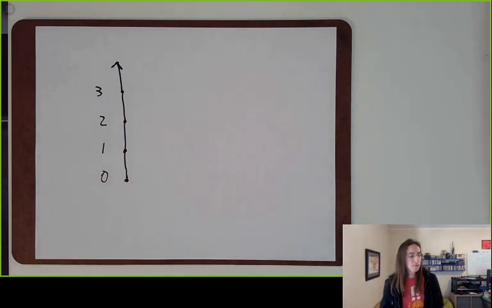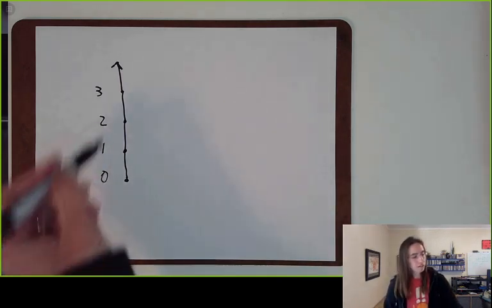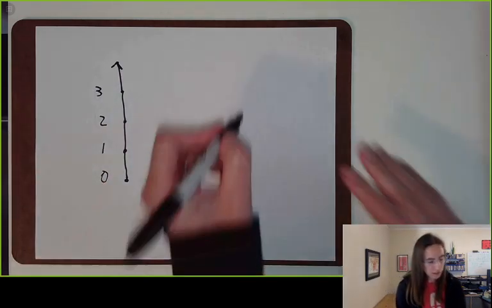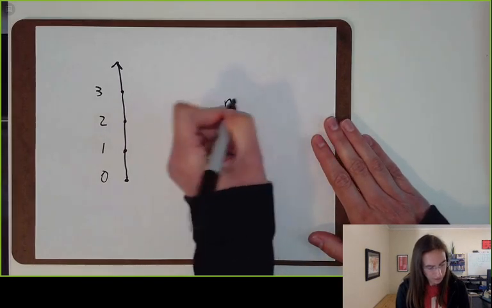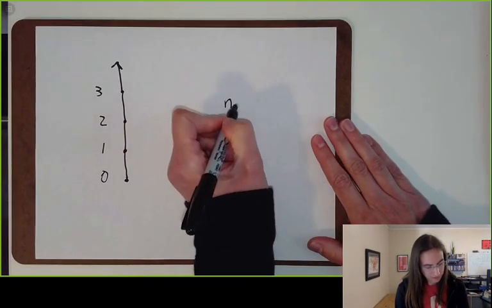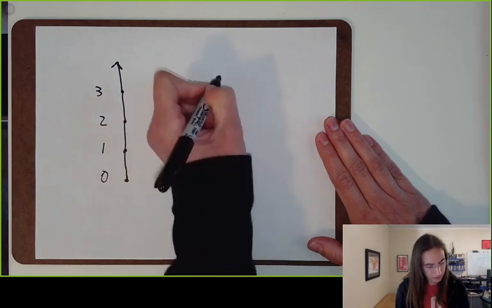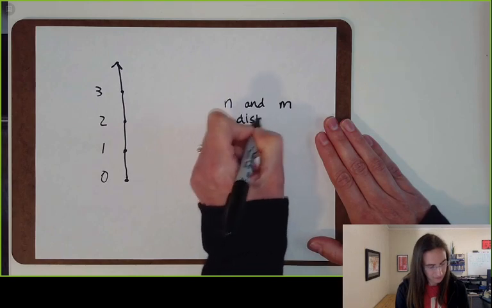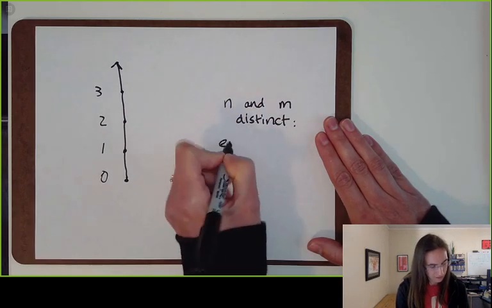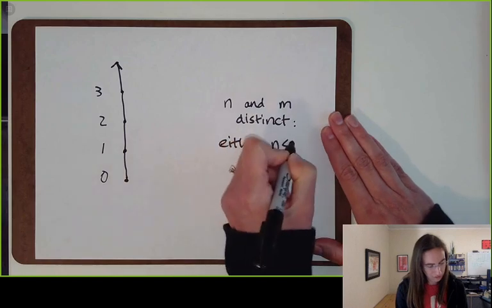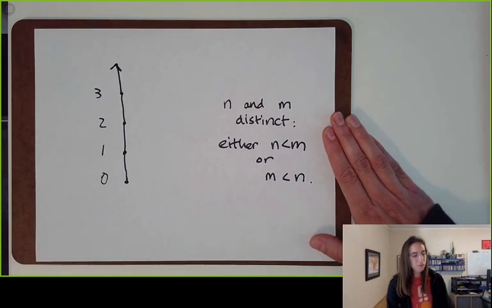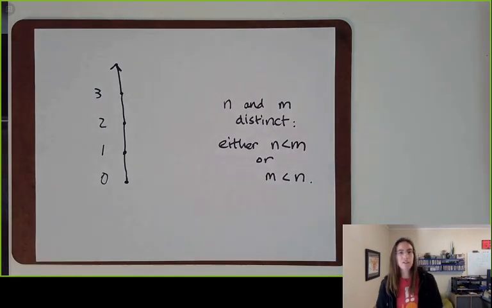If you pick out two numbers from the set of natural numbers, any n and m, if they're different, then either n is going to be less than m, or m is going to be less than n. That's always going to be true. It's a total order. So there's no ambiguity there.